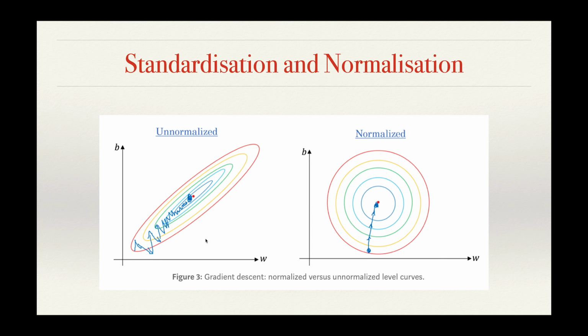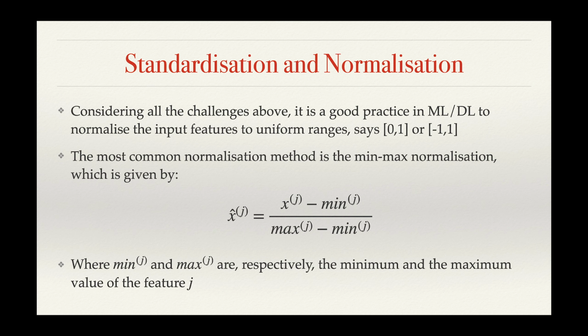If they have different ranges, for example, one is -1 to 1 and the other is between -100 and 100, then we might end up with an asymmetric cost function like this. That would cause a lot of oscillation in the training. Here it will become much better, and here the training would take much longer, for example.